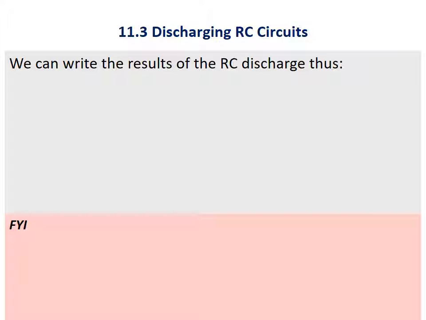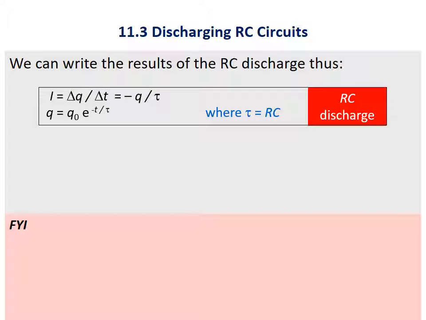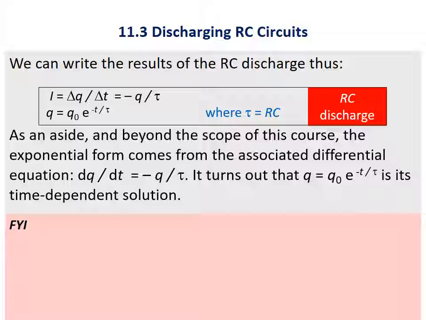So we can rewrite these results of the RC, the resistor capacitor discharge, like this. I equals change in charge over change in time equals negative Q over tau, where tau is R times C. And then by doing a little bit of differentiating on both sides of the equation, we can get Q equals Q naught times e to the negative t over tau.